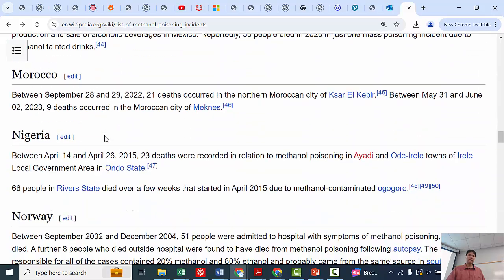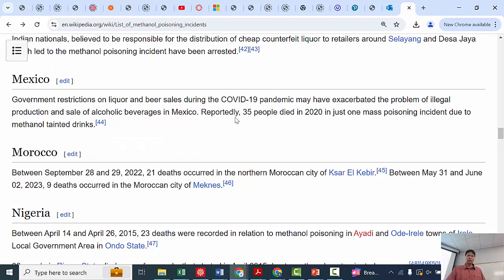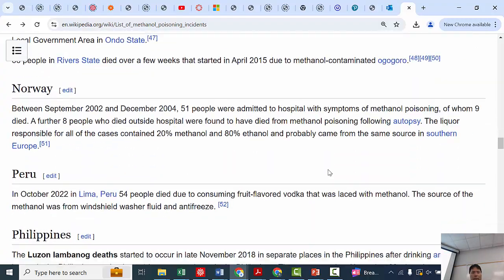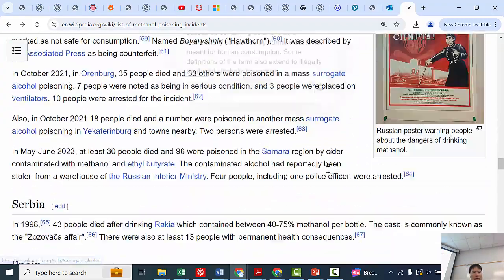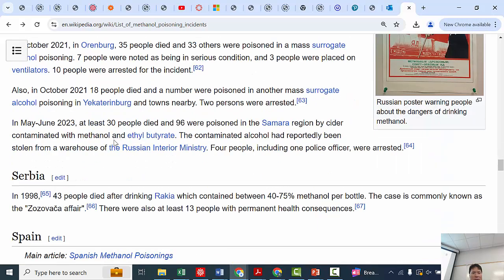Even in Ireland. Mexico, 35 people died in 2020. But this is just one event, so it wasn't widespread. But what about the U.S.? Russia, I know, has a lot. 2023, 30 people died.